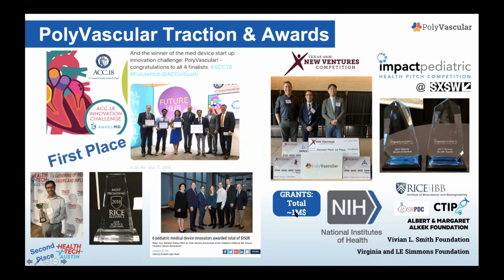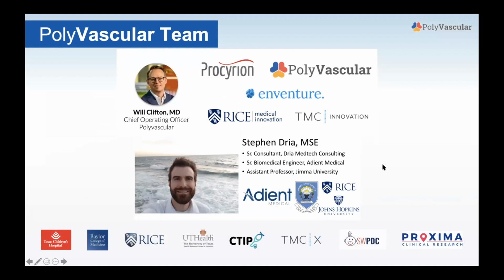And I would have told you a couple of months ago that everything we accomplished so far, including all the benchtop design, testing, and then animal study, was done in about $1 million worth of entirely grant funding. But I'm very pleased to tell you that we now, through a phase 2 SBIR grant, have been able to expand our team. So Will Clifton has just joined us as our Chief Operating Officer.